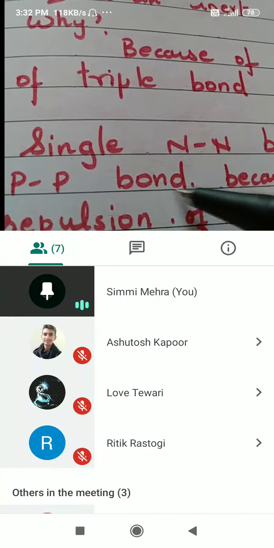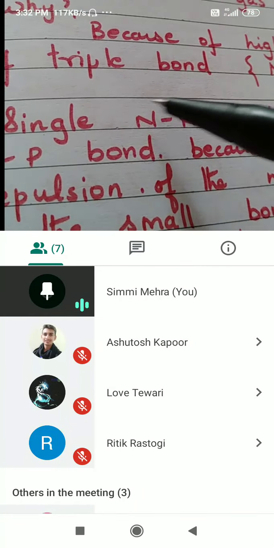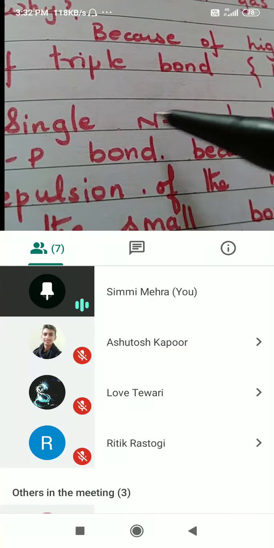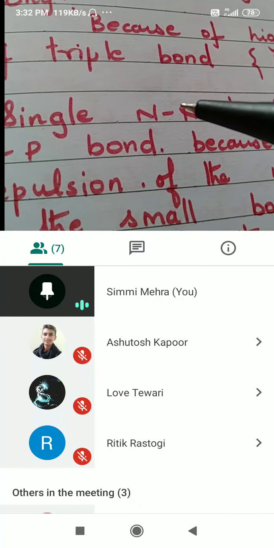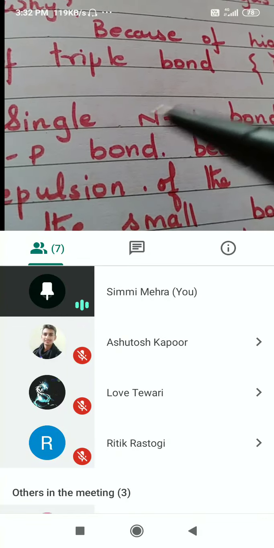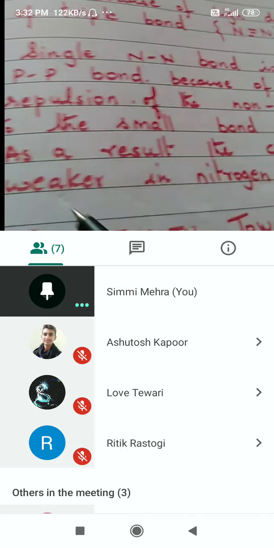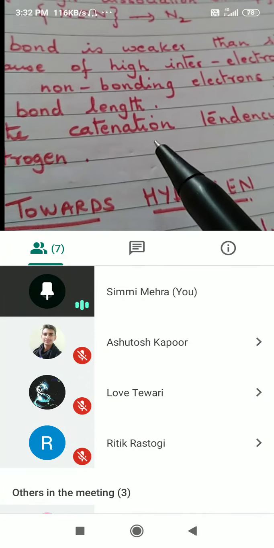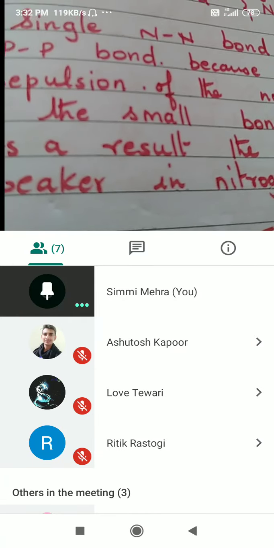Same is the case with nitrogen. It is also very small in size. So if we have two small atoms overlapping, the non-bonded electrons, the distance between them is less. So they repel each other. It is known as inter-electronic repulsion. As a result, the catenation tendency is weaker in nitrogen.